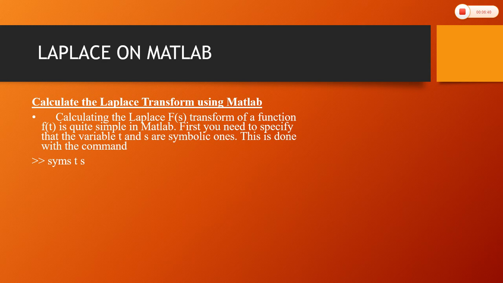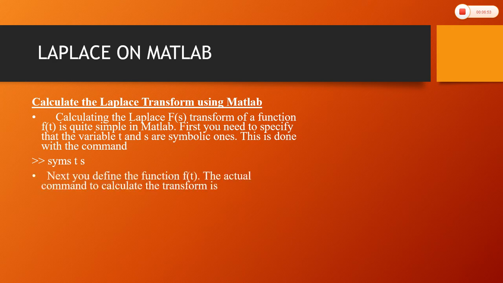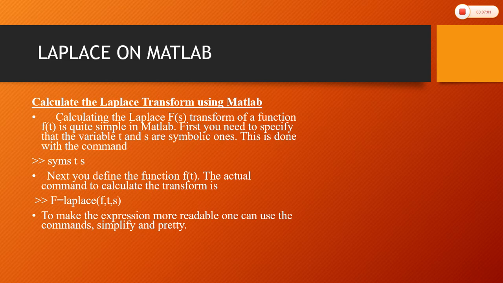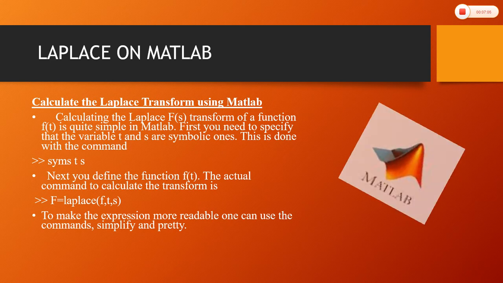In order to find the Laplace transform by using MATLAB, you need to specify the variables t and s on MATLAB, and these variables t and s are symbolic ones. This is done with the command that is mentioned over here. Next, you define the function f of t, and the actual command to calculate the transform is F equals laplace(f, t, s). And in order to make the expressions more readable, one can use the commands simplify and pretty.